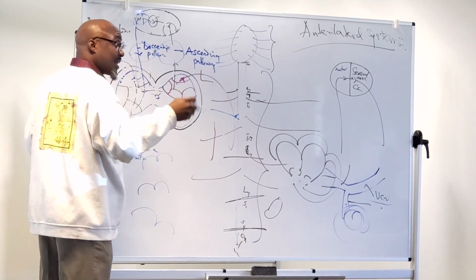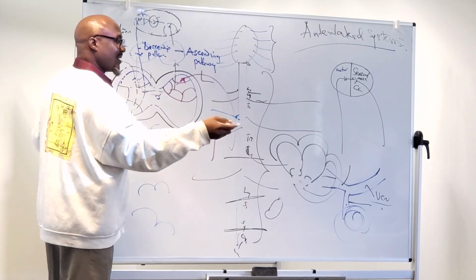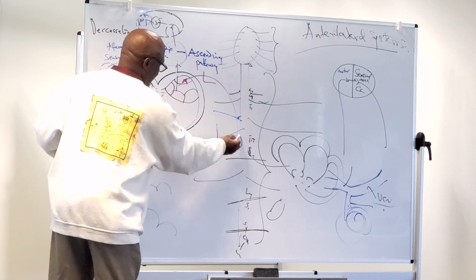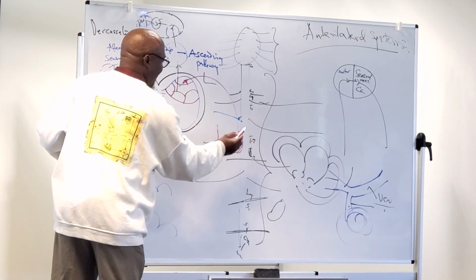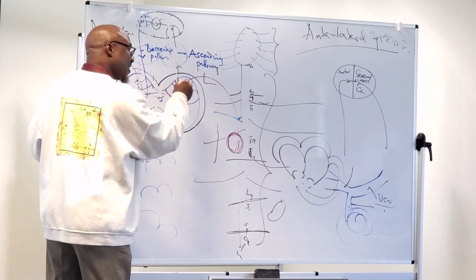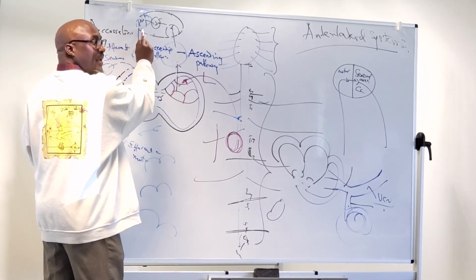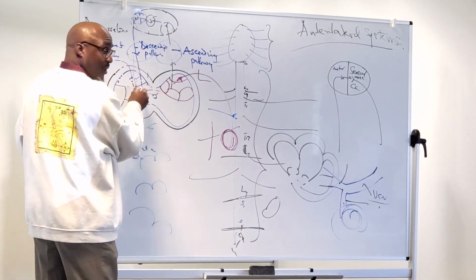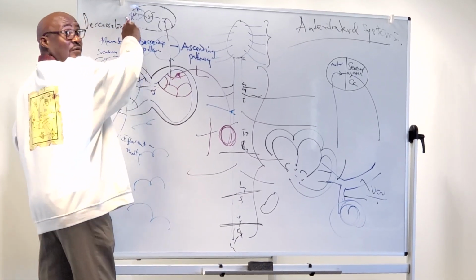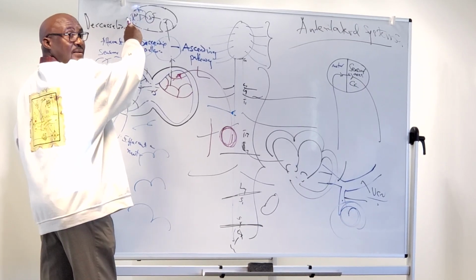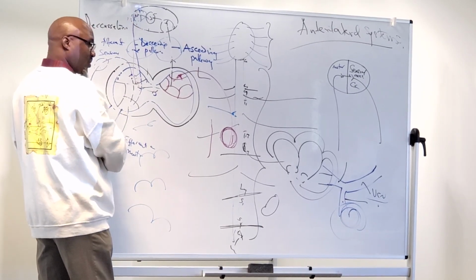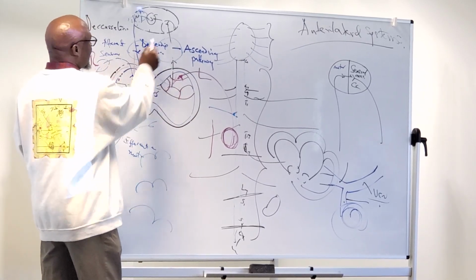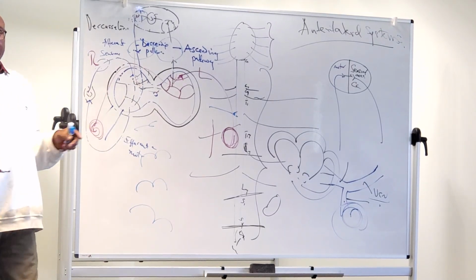That is for those tracts that are decussated. So if an organ on the left has a decussating fiber, it will be controlled by the right side of the brain. Does that make sense? And if there is an organ on the right whose fiber decussates, it will be controlled by the left side of the brain.